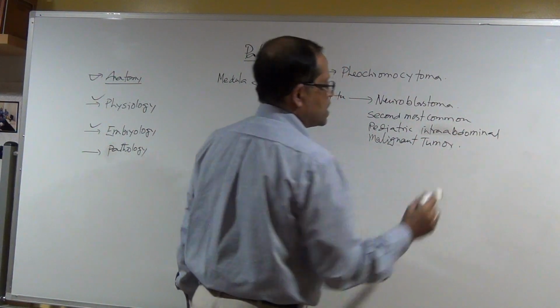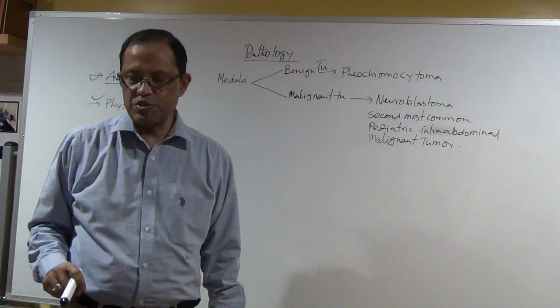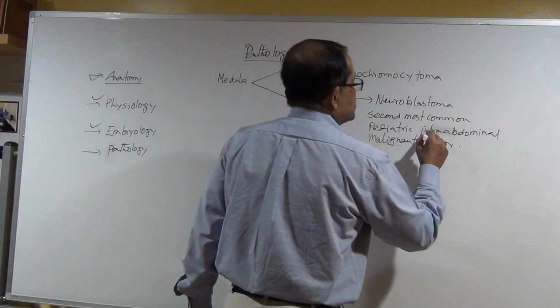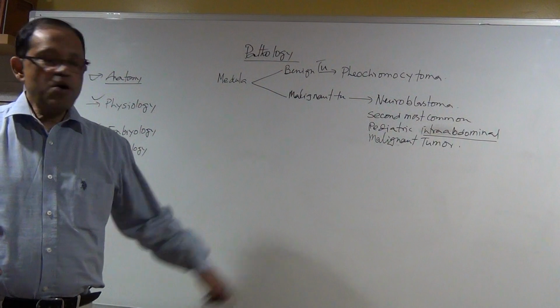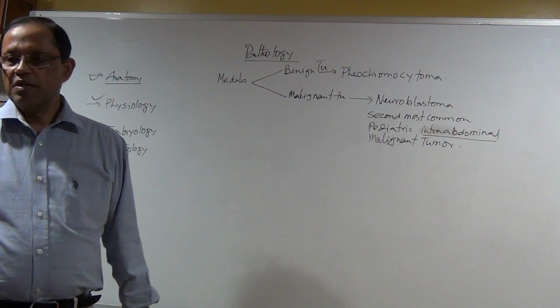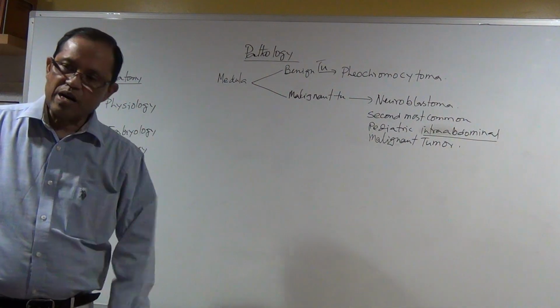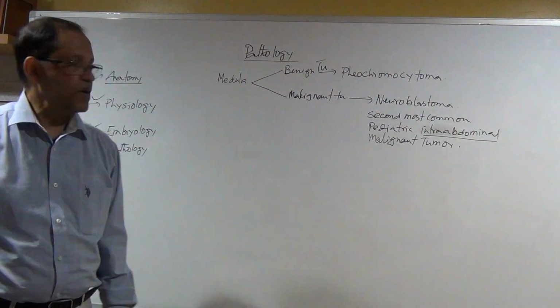And who is number one? Nephroblastoma or Wilms tumor. Okay, so it is not only found intra-abdominal. Neuroblastoma can be found in so many places, even, very rarely, inside the bladder.